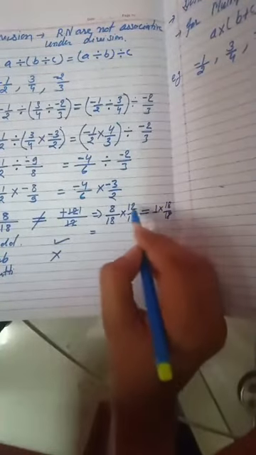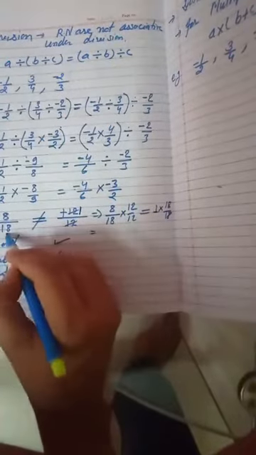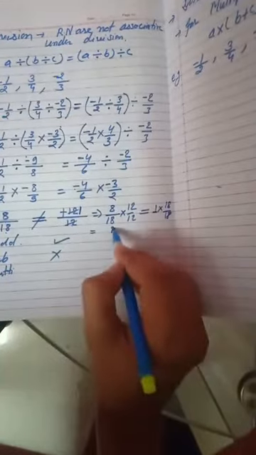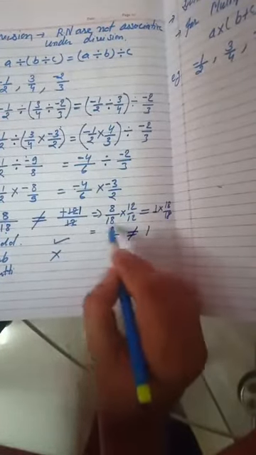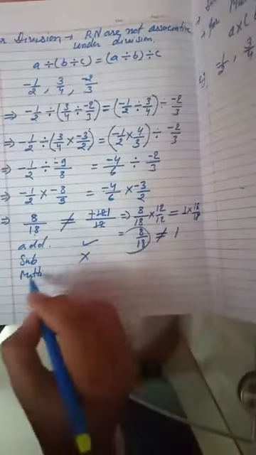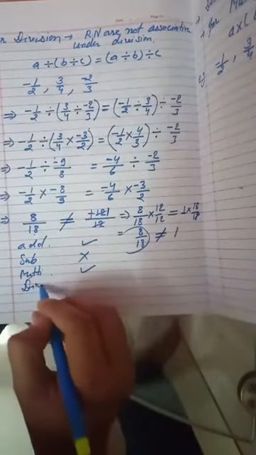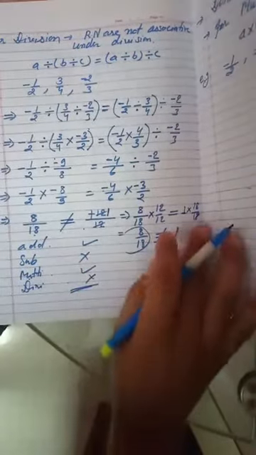Okay, numbers, you can say that this is number 1 and this is 8 upon 18, this is not equal to 1. So both numbers are not equal. We can easily say that equal to 1 is not possible because 8 upon 18 is not equal to 1. And according to multiplication, yes, it is associative, and according to division, it is not associative because numbers are not same.